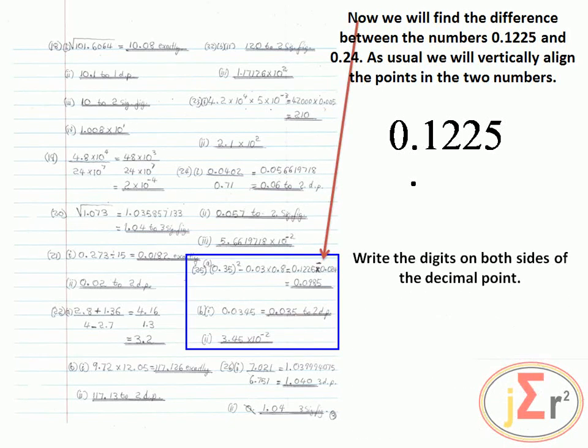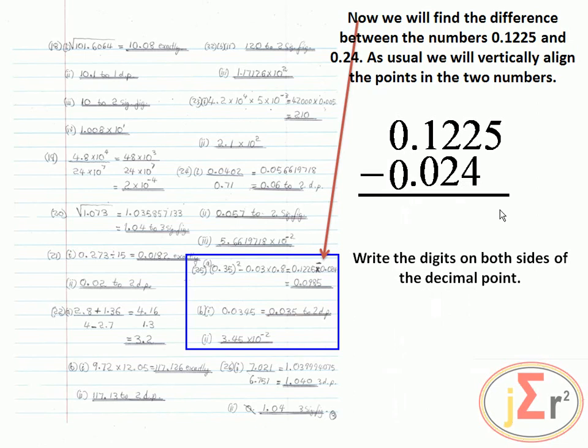Write the digits on both sides of the decimal point. So we have 0.024. So on this side we'll have 024 as a matter of fact, and on the other side we'll just have 0.